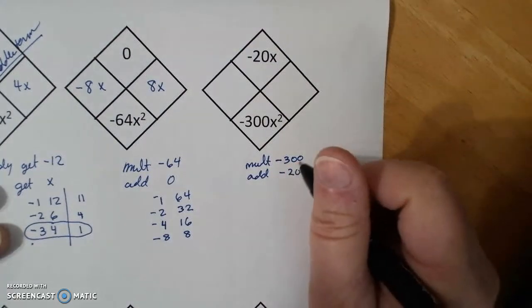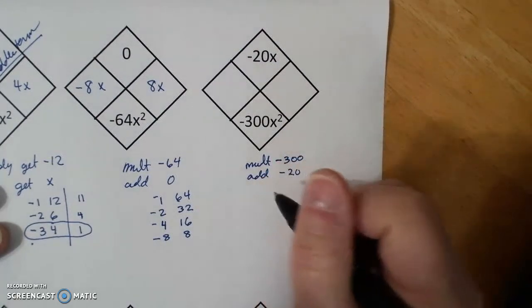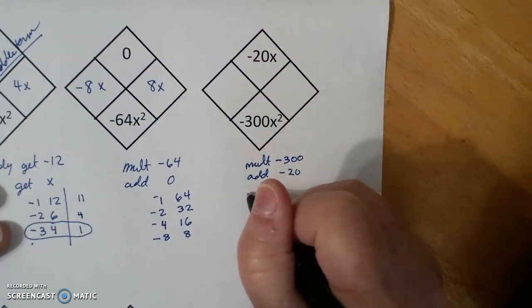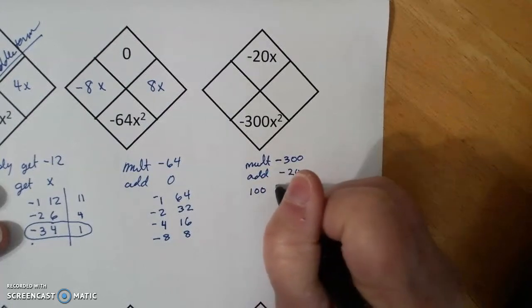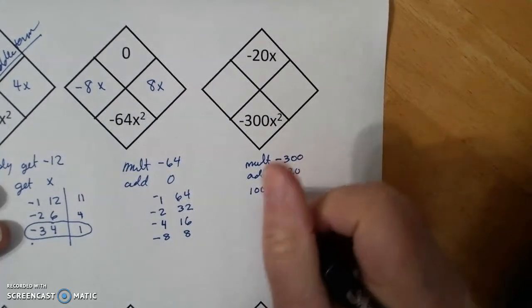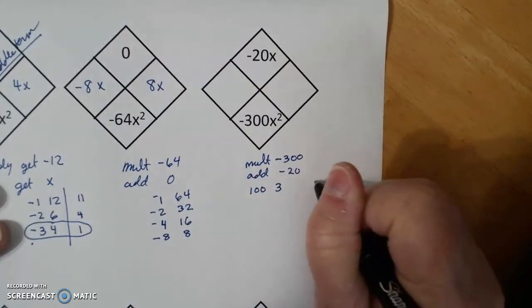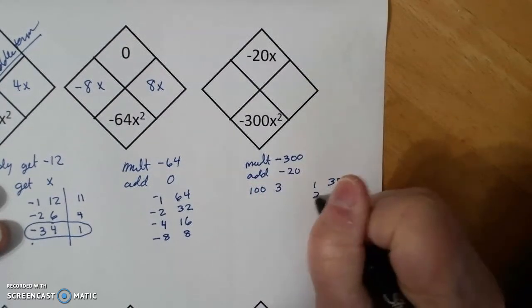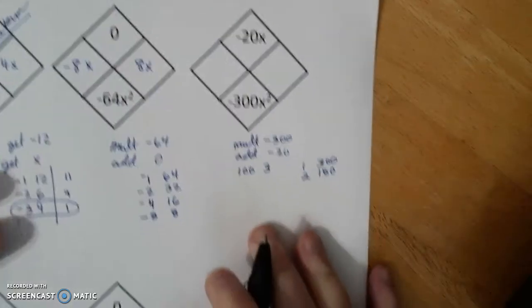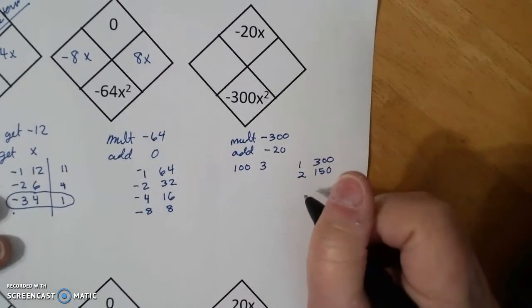I cannot. Okay, so 300 is 100 times 3, too far apart. Well, let's start at the beginning. 1 and 300, 2 and 150. Oh, they're going to be close together.